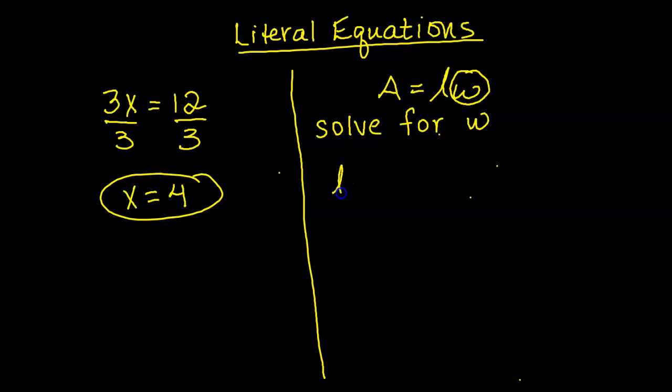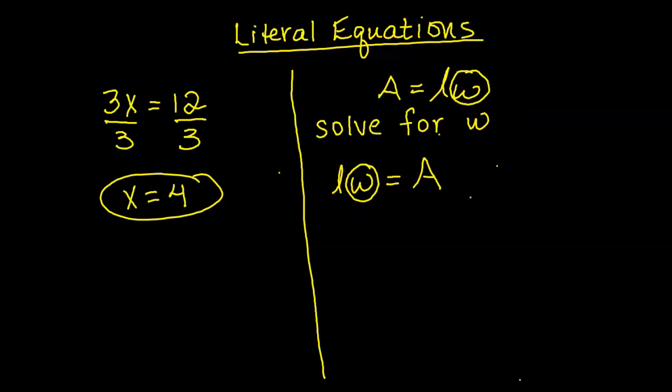So I have LW is equal to A, and my w is here on the left. You don't have to do that. You can keep it on the right and solve for w there. I prefer my variable to be on the left. So I just switched the sides of the equal sign, without changing anything with the order.